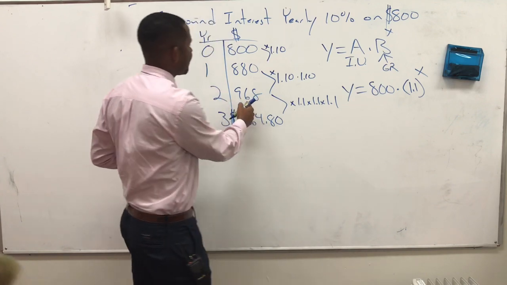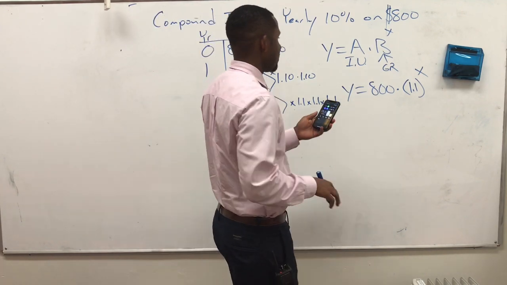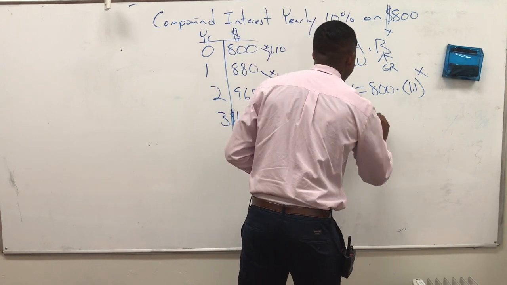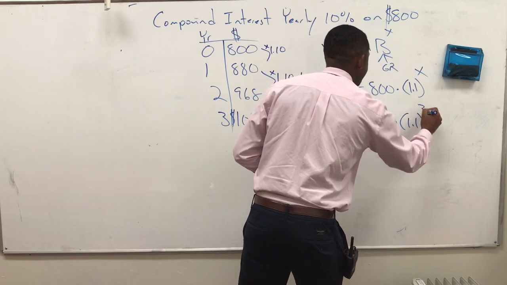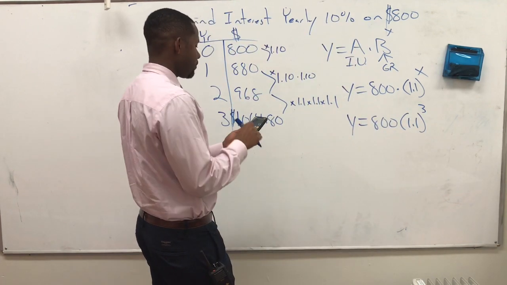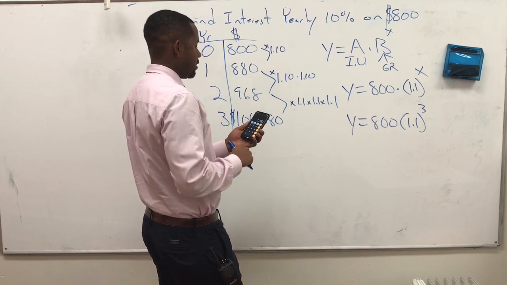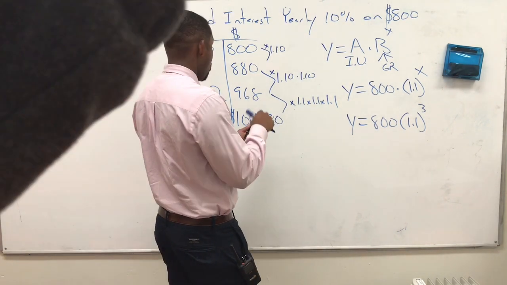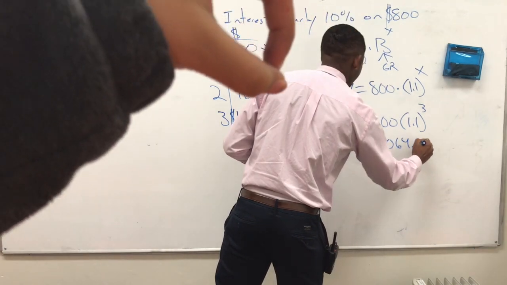Because maybe I made a mistake. Maybe this wasn't 968. I've been known to mess up stuff in my life. So let's do y equals 800 times 1.1 to the 3rd power. 1.1 times 1.1 times 1.1 equals 1.331, times 800 equals 1064.80.